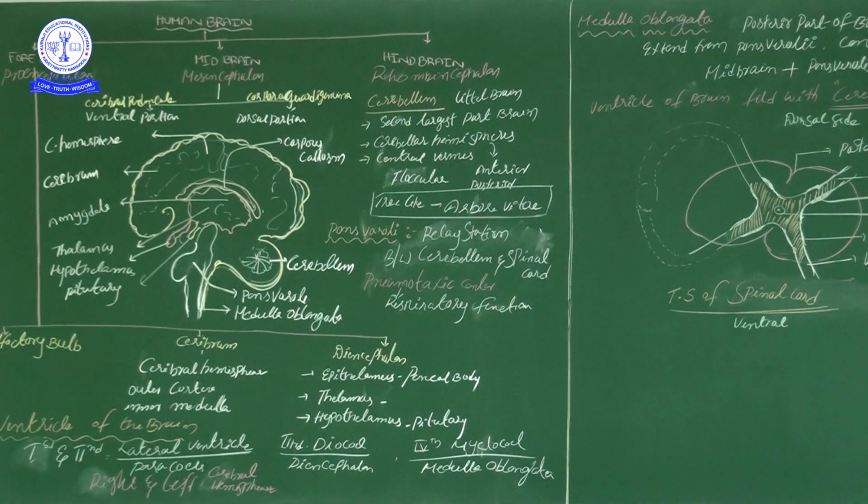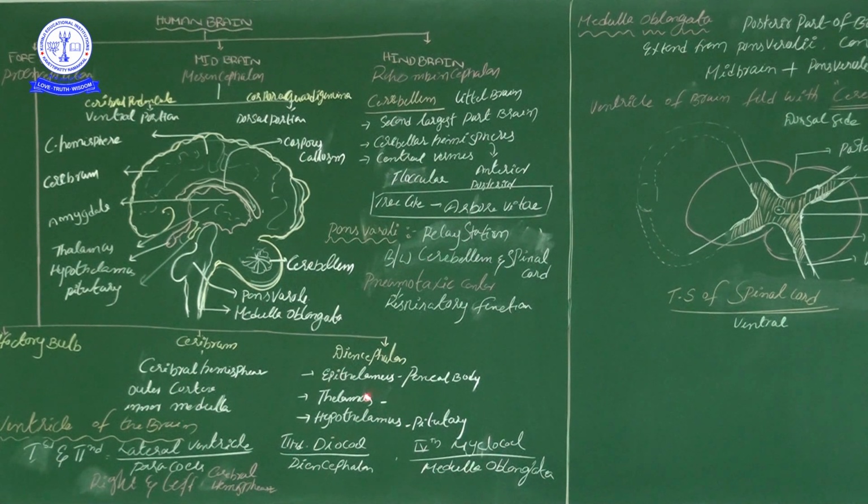So you remember these four words. The first brain cavity, paracoel. Two paracoels are located in the cerebral hemispheres, and the third brain cavity, diocoel, is located in the diencephalon. And then the fourth brain cavity, myelocoel, is located in the medulla oblongata.